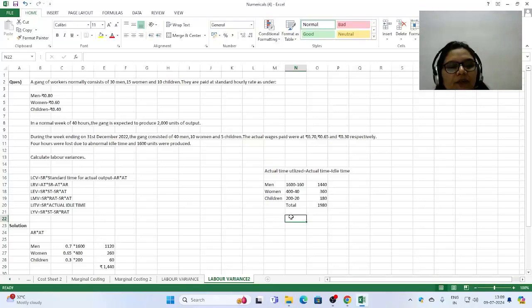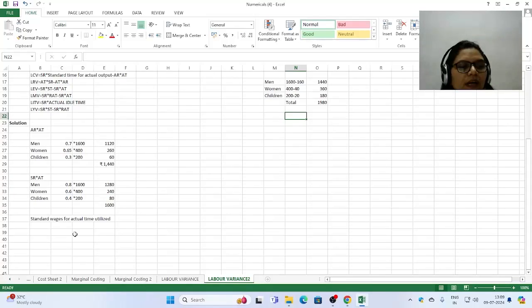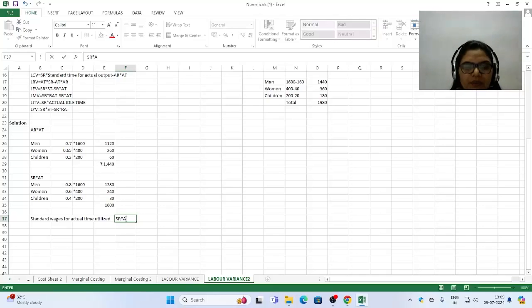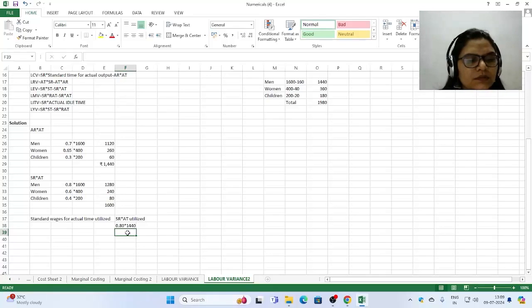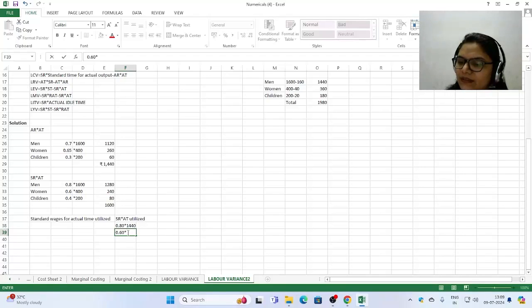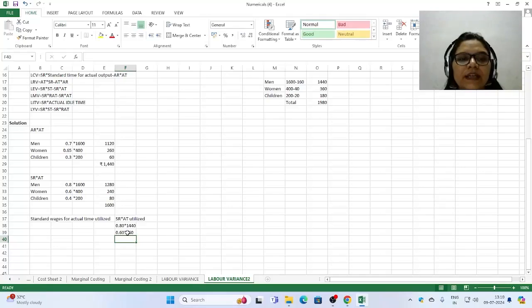So in this particular calculation, SR into actual time utilized, the formula will be SR into actual time utilized. Standard rate 0.80 into 1440, 0.60 into 360, then 0.40 into 180.